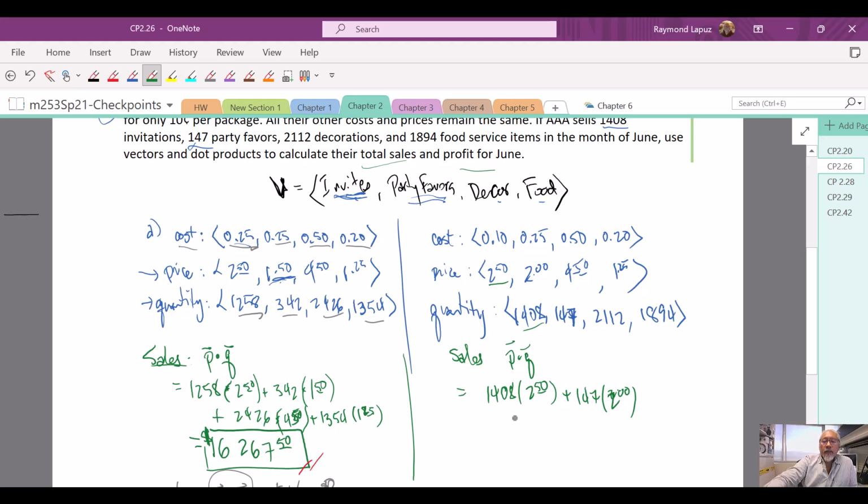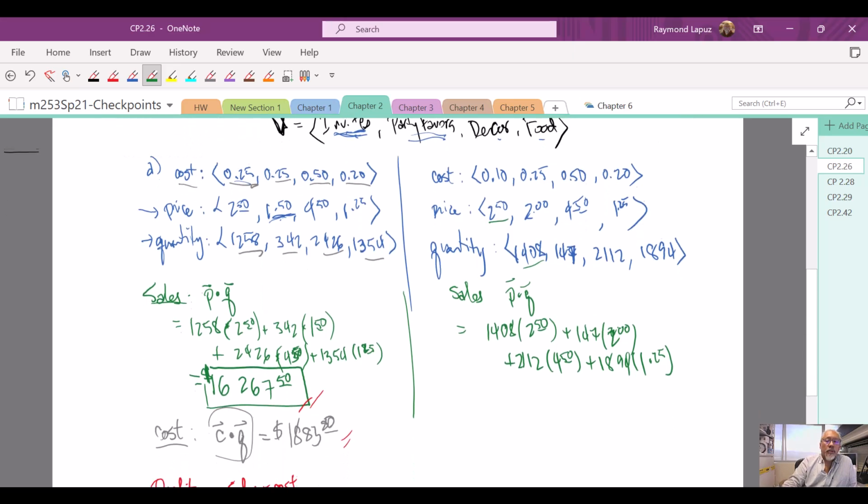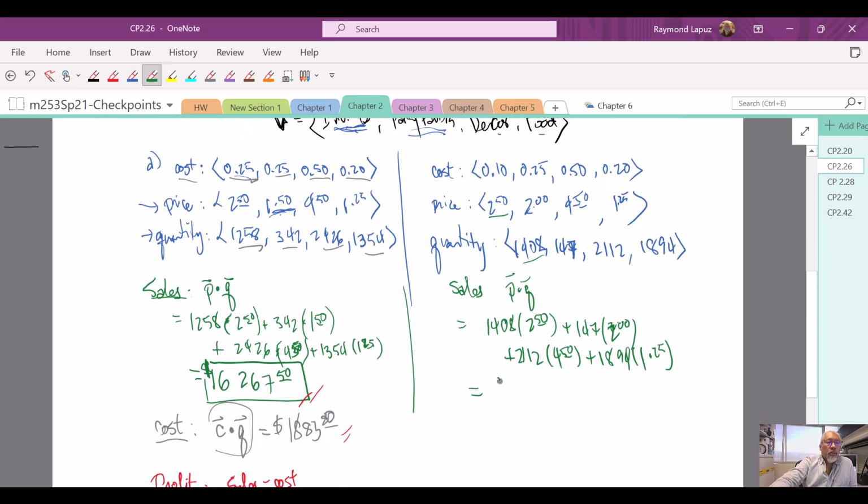And then the 2,112, multiply that by 4.50, and then take the 1894, multiply that by 1.25. All right, so we're going to get the total here to be 15,685 and 50 cents.